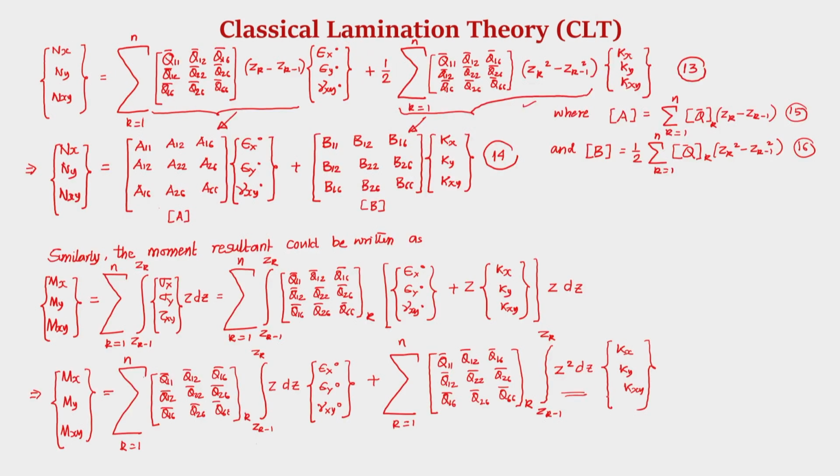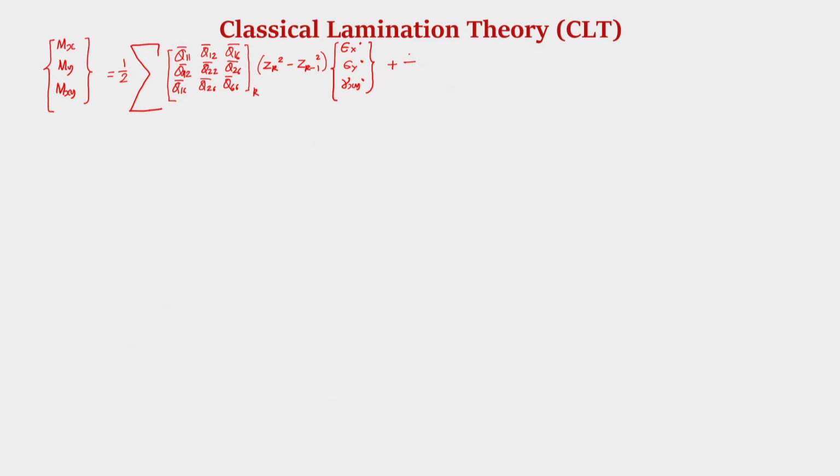So, there will be z cube by 3. So, we can write the simple integration and we can take this 1/3 outside, sum over all the layers.